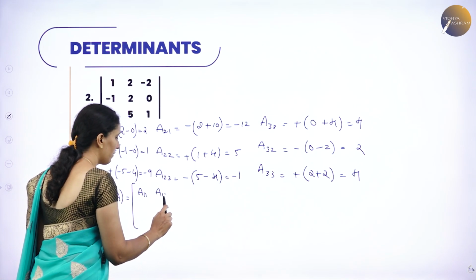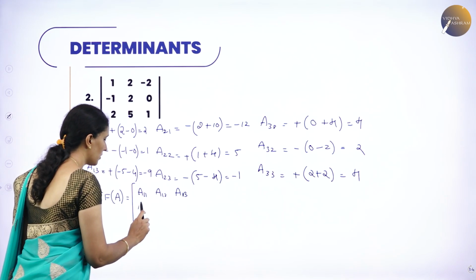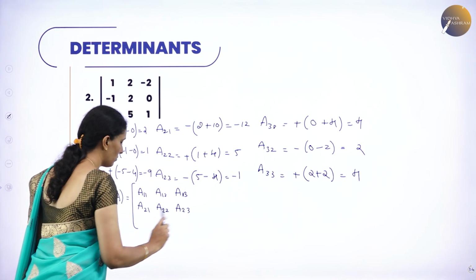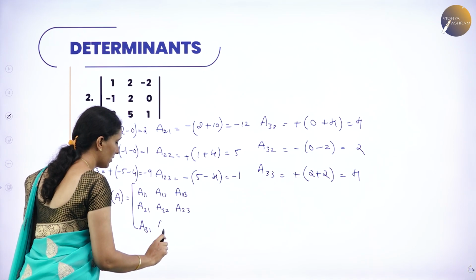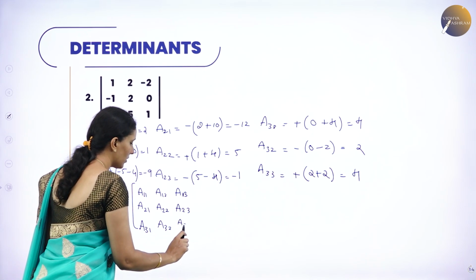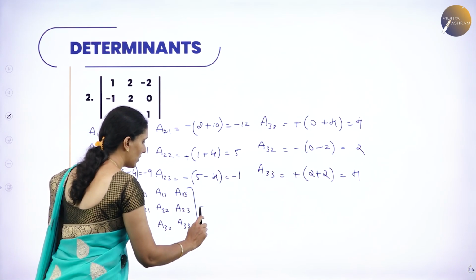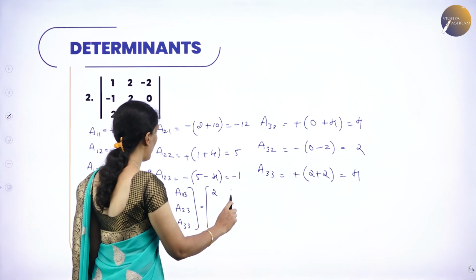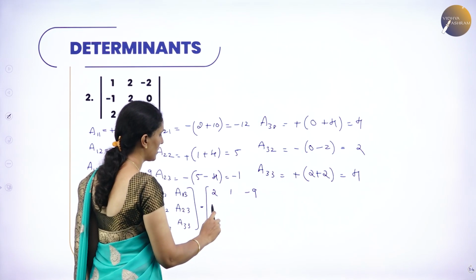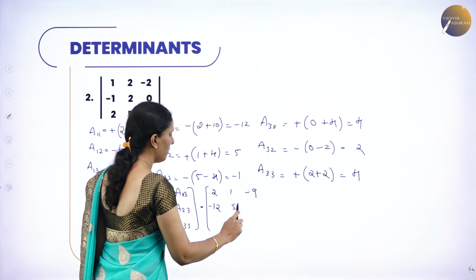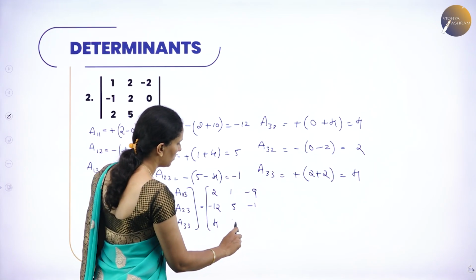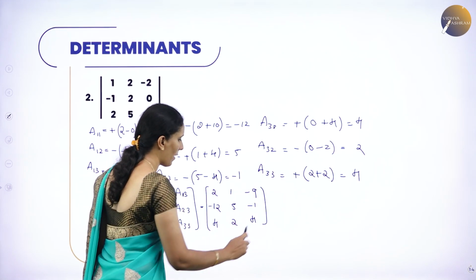A11, A12, A13, A21, A22, A23, A31, A32, A33. That is writing all the cofactor elements. It is 2, 1, minus 9. Next, minus 12, 5, minus 1. Next, 4, 2, 4. So this is the cofactor matrix of A.